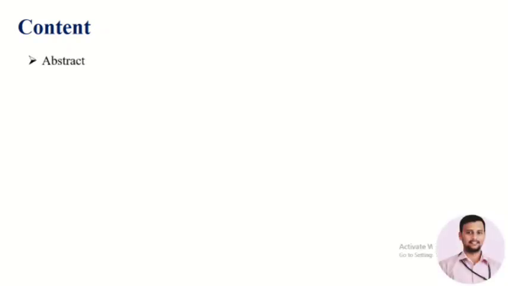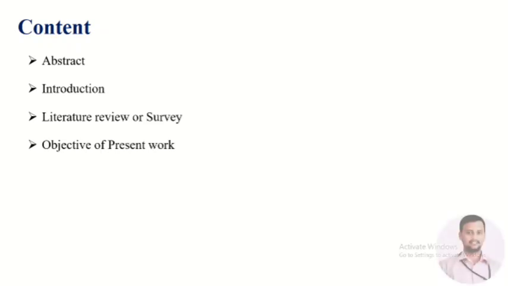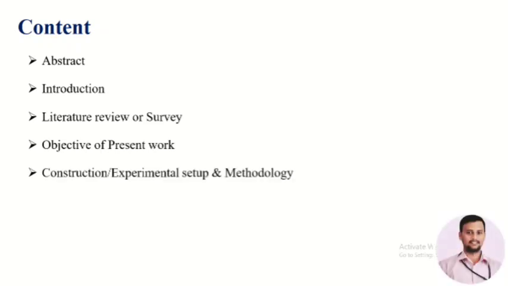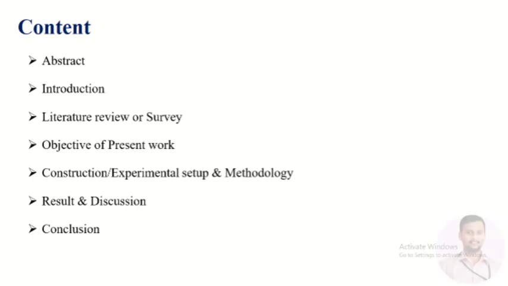First is abstract, then the introduction part, then the literature review section, then objective, then construction and experimental setup or methodology, then results and discussion for the present work, then conclusion of the present work, then the references. So these 8 sections should be there in your presentation.